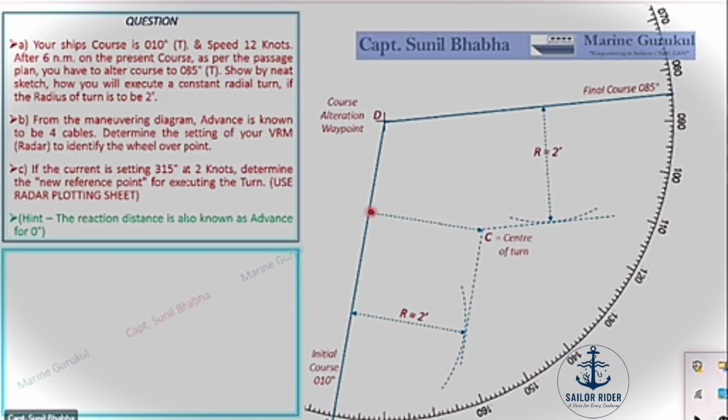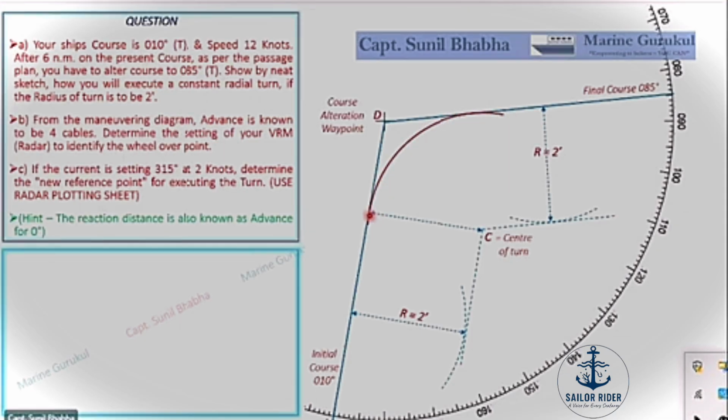I open up my compass equal to 2 nautical miles, which is the radius of my turn, and I now draw an arc centered at point C, radius equal to 2 nautical miles. You can see this arc now coming up on the screen.